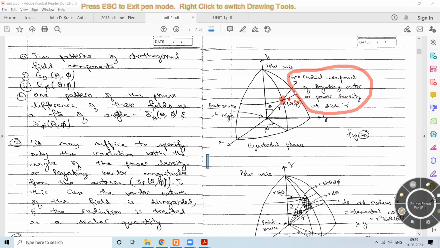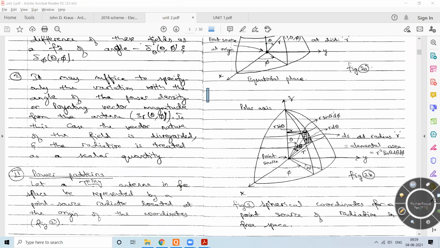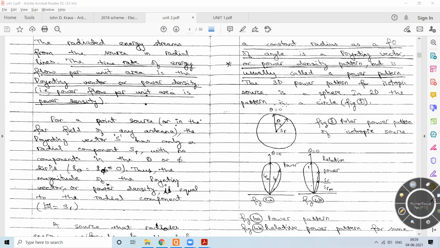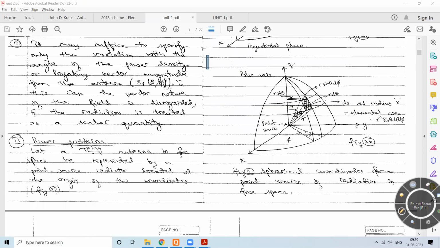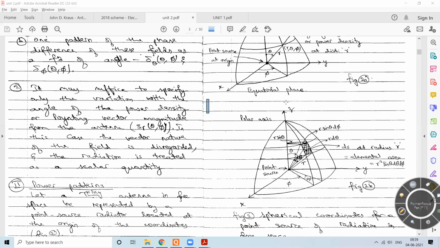It will not have the S theta and S phi components, because we are considering it in the far field. So we'll have only the radial component of the power density.